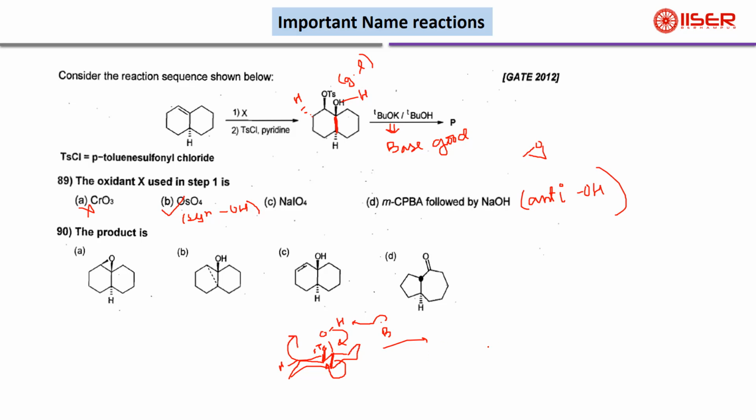So the correct option is, there is a 7-member and a 5-member ring. There is only one such option. So the correct option is option D.